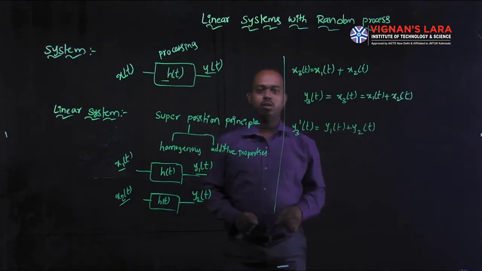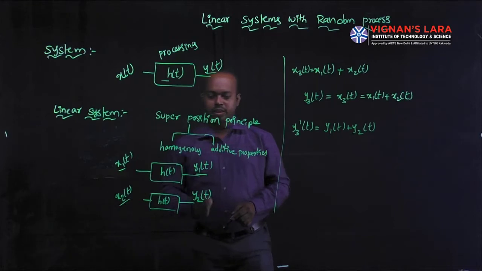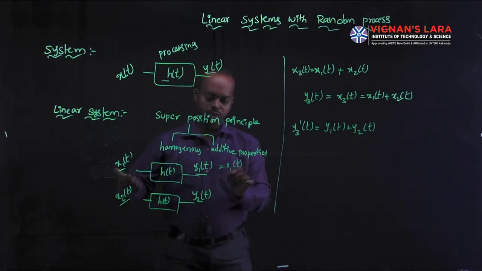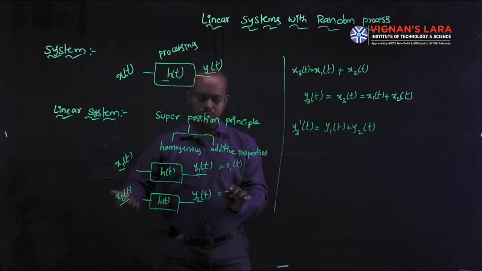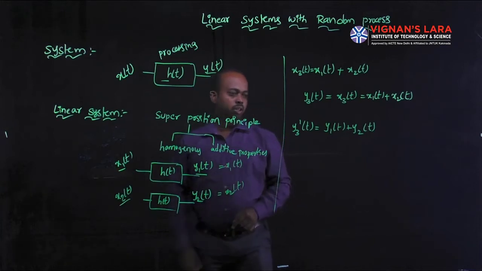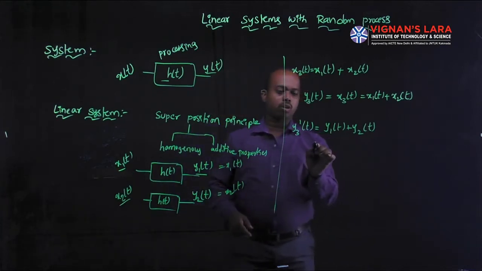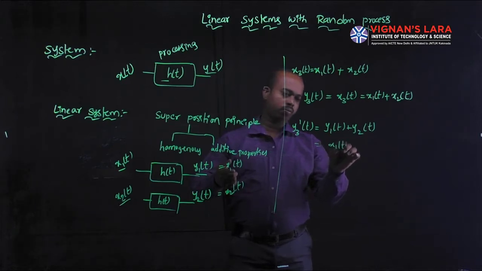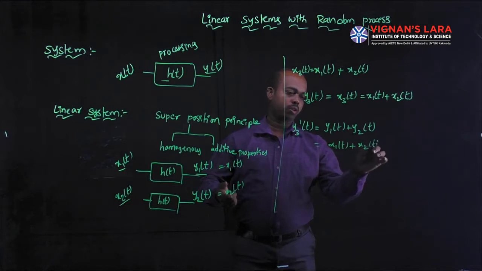Here you can replace them with their corresponding quantities, y1 of t for x1 of t and y2 of t for x2 of t.